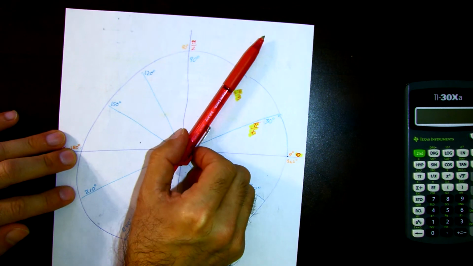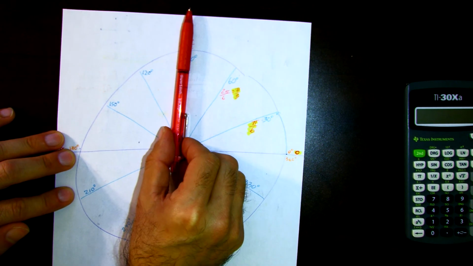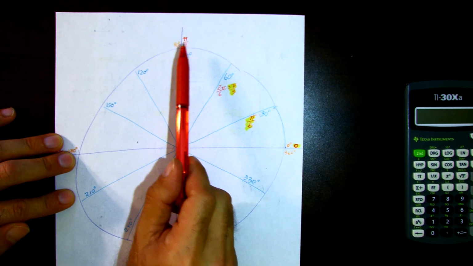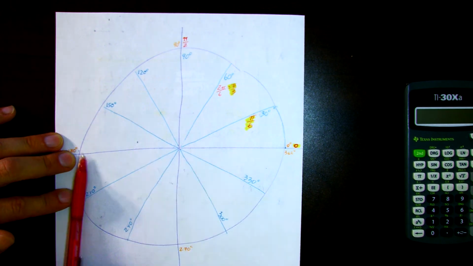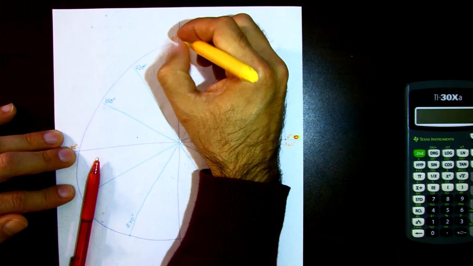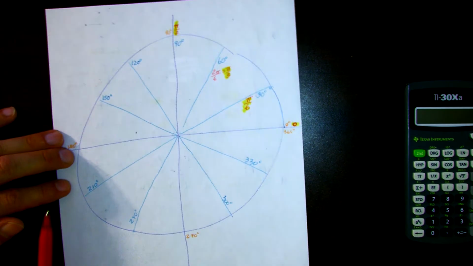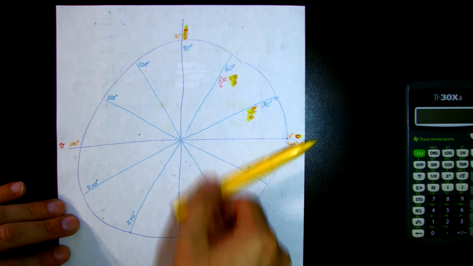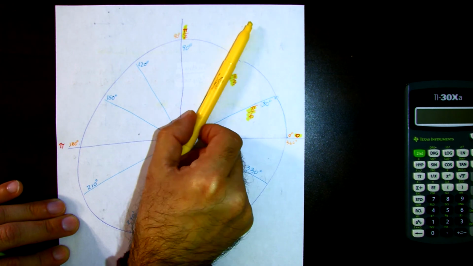And then look, if I go another 6th, I get 3 pi over 6. 3 pi over 6 is the same as pi over 2. So that's how I get up to this one. 3 over 6 is a half. Pi over 2.